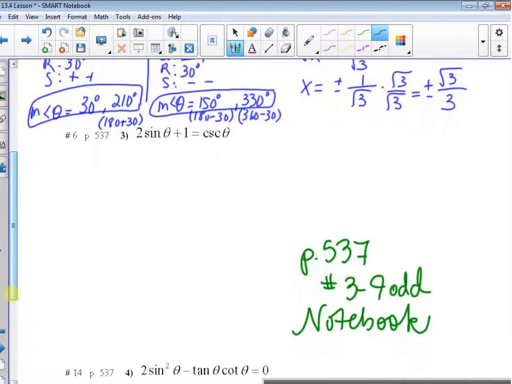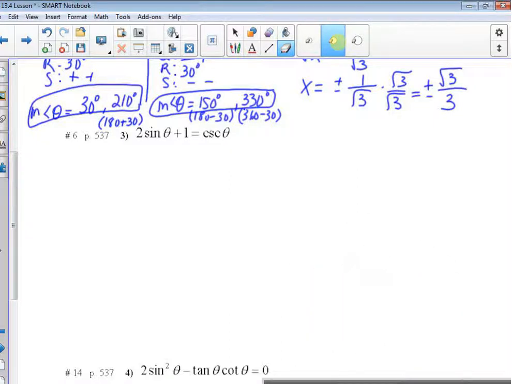All right, next one. Let me erase this first. Okay. We have 2 sine theta plus 1 equals cosecant theta. So to solve that, we would, again, want to replace cosecant theta with 1 over sine.